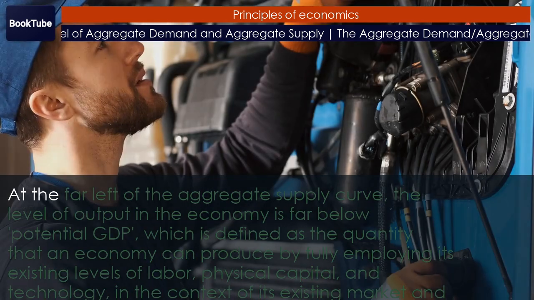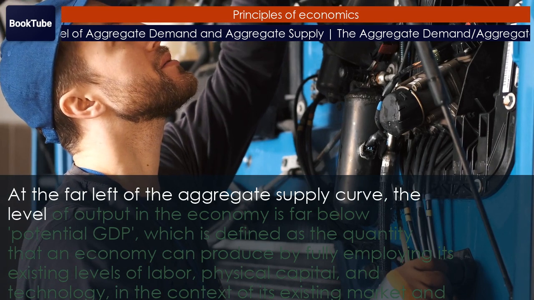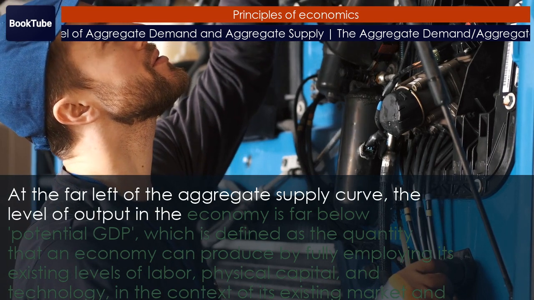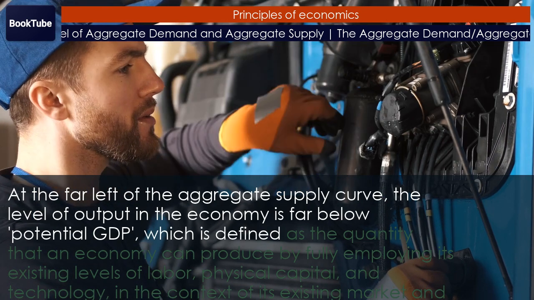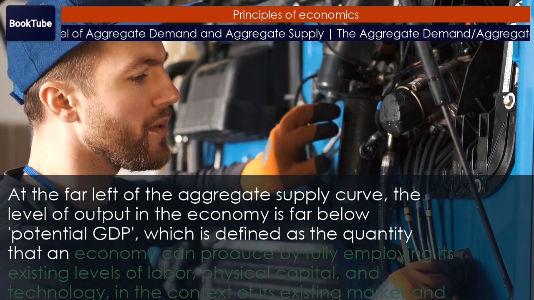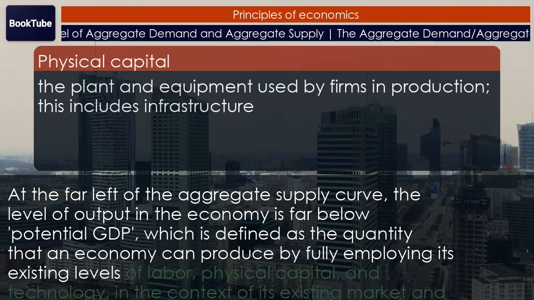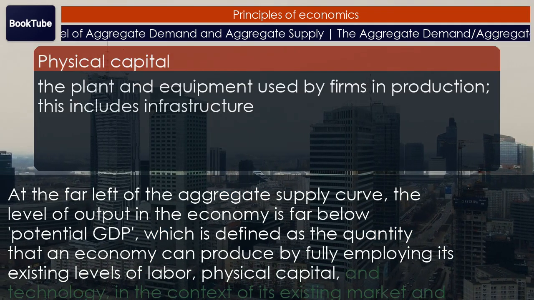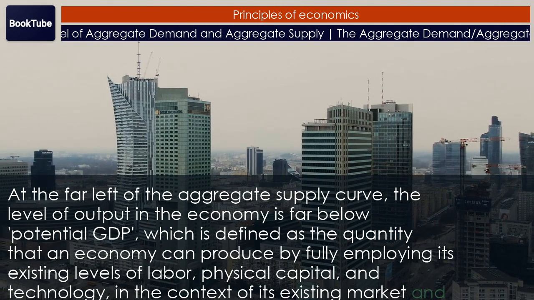At the far left of the aggregate supply curve, the level of output in the economy is far below potential GDP, which is defined as the quantity that an economy can produce by fully employing its existing levels of labor, physical capital, and technology, in the context of its existing market and legal institutions.